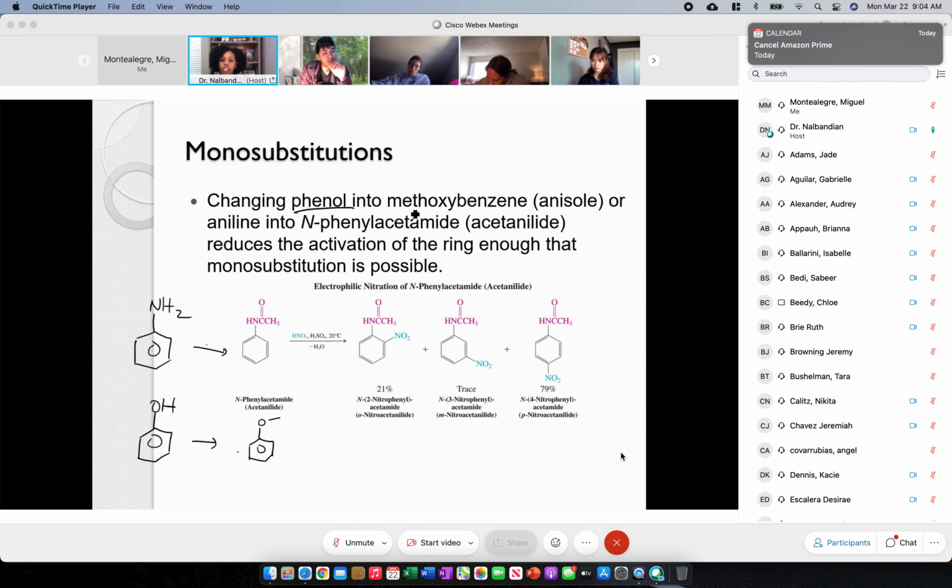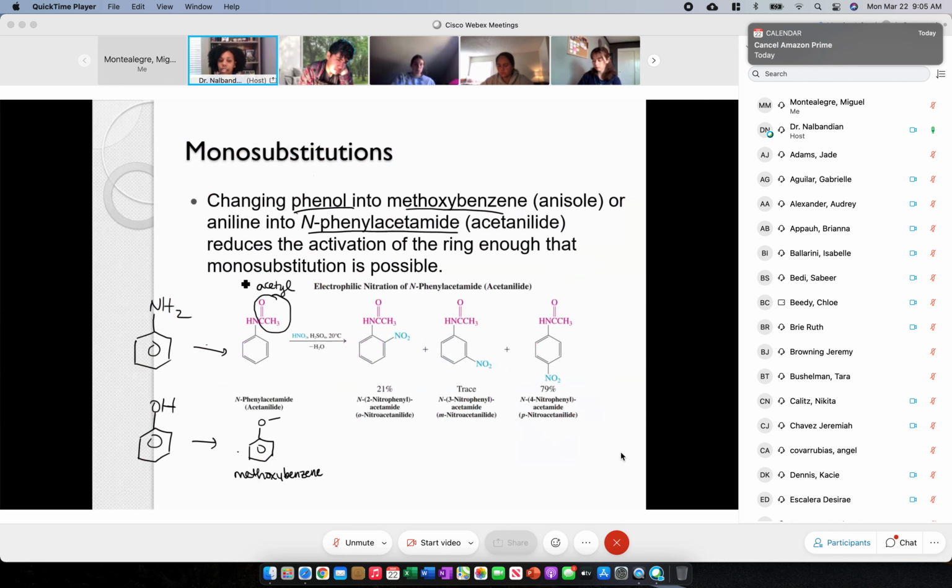So we have our phenol, we change it to methoxybenzene. If we have our aniline, we change it to N-phenylacetamide. So we're adding this acetyl group to the nitrogen. What is that acetyl group doing?